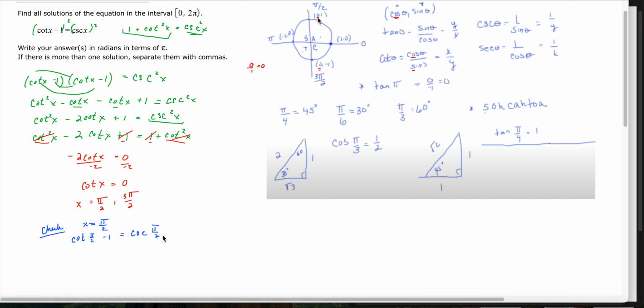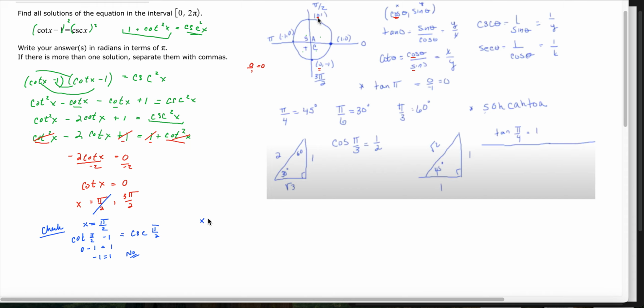Okay, so we know cotangent of pi over 2 is 0. So 0 minus 1 is equal to cosecant of pi over 2. So that would be just 1 over 1, or 1. So we end up with negative 1 equals 1. So that is not true. So that means pi over 2 is not a solution.